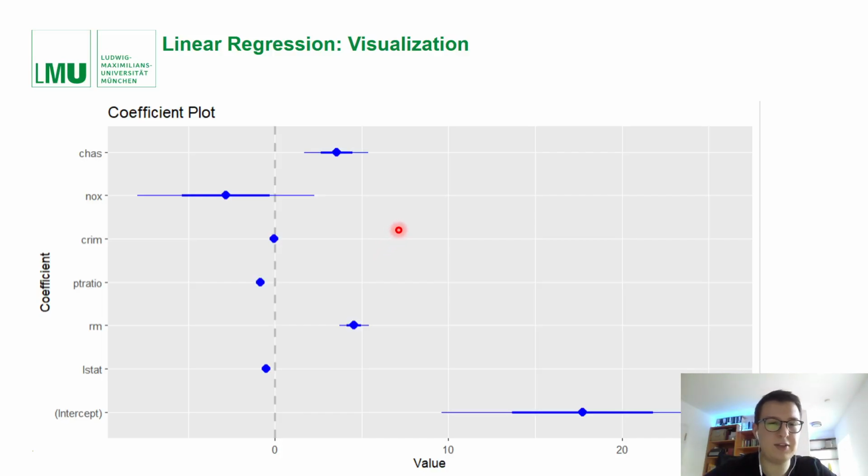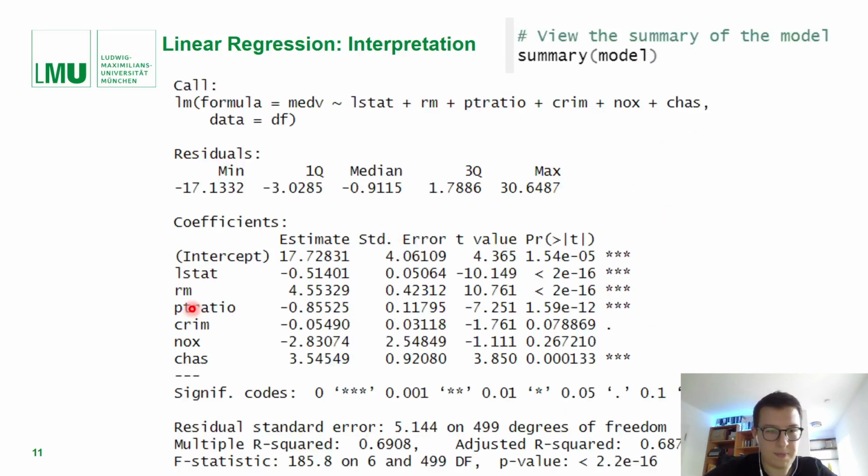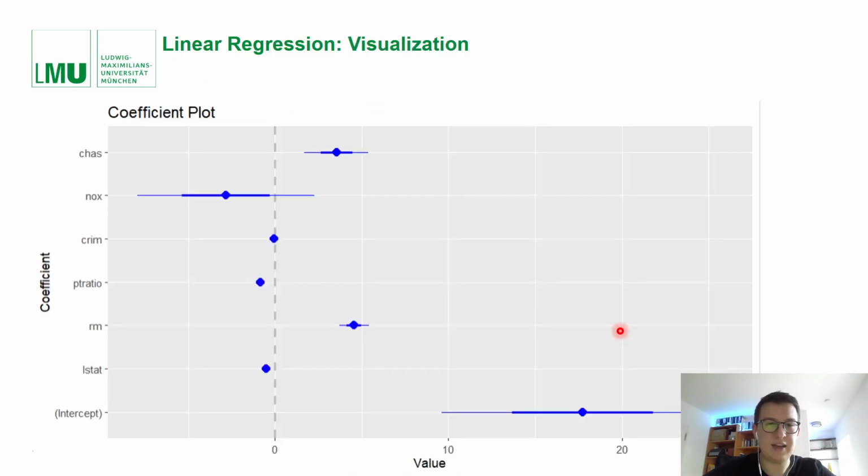Previously, let's go back, we saw that the regression coefficients for crime and air pollution were non-significant. And this can actually be seen in this coefficient plot as well, because for both, the confidence intervals overlap with 0. And if they overlap with 0, we can say that they are not significantly different from 0.